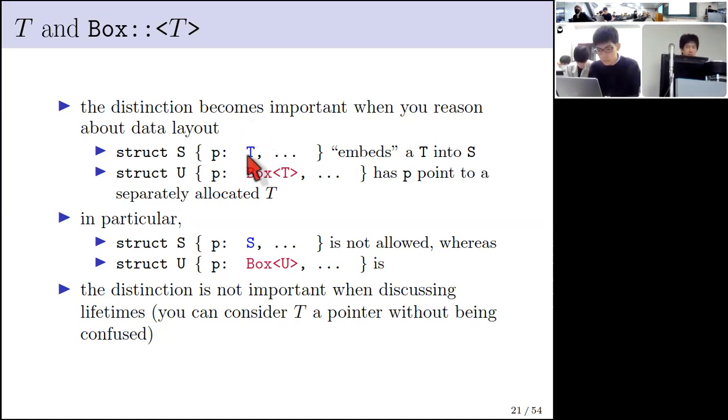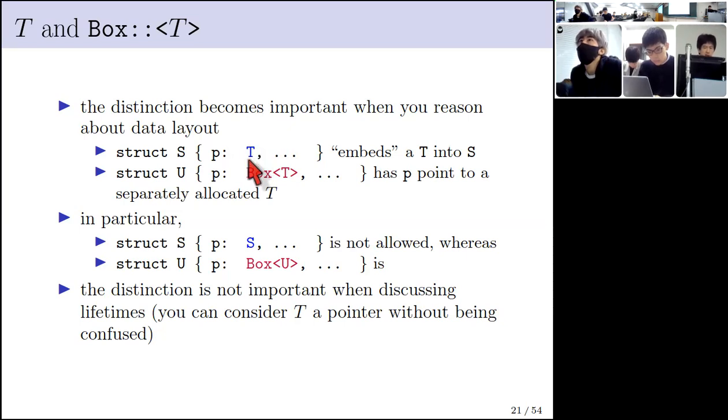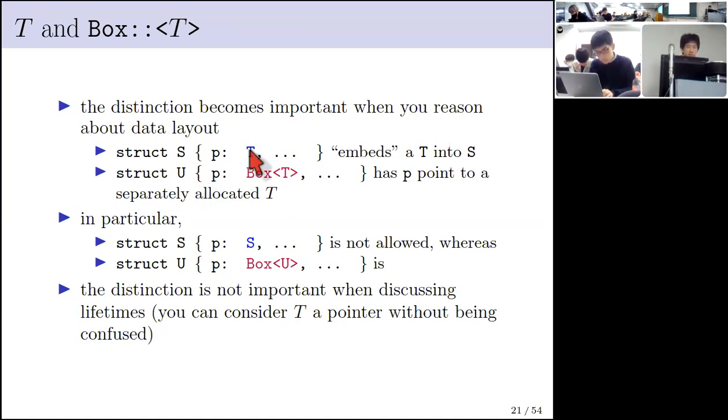So when you write T in S and when you write box T in U, the data layouts are actually different. If you have a T as large as 1,000 bytes, then S is as large as T, but U is not.